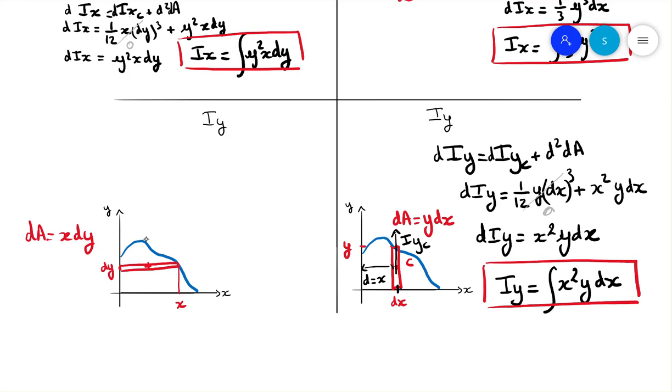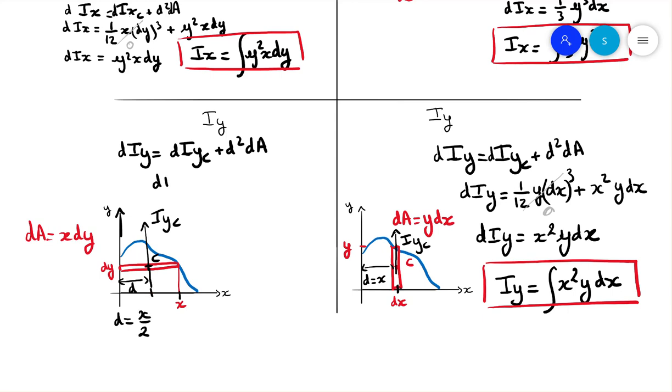And I will use the y at C, at the centroid. And what I'm looking for is the I at y. So I have dIy, that is equal to the dI at the centroid plus the distance squared times dA. And the distance is this one. This is d, and d is equal to, this is x, so this is x divided by 2.